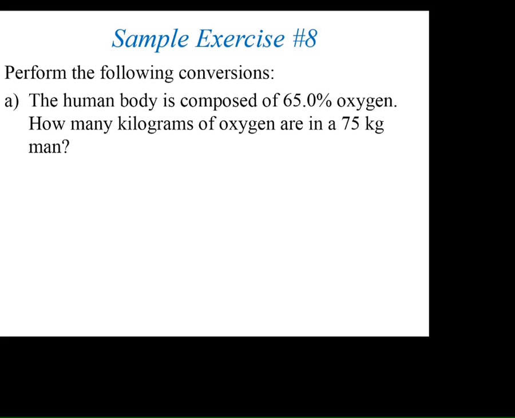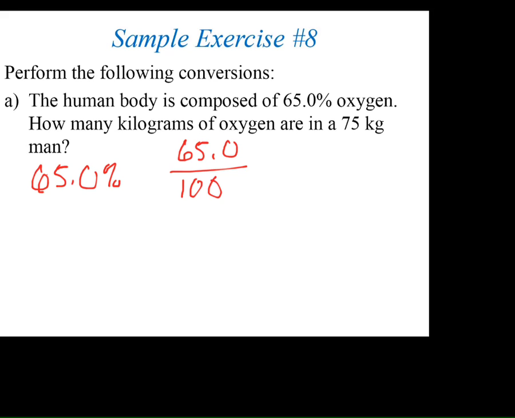Okay, so 65%, let's think about that. 65.0% oxygen. So that's the same as saying what? What kind of a factor could I draw from 65.0%? 65 over 100, or 65.0 over 100, whatever unit I want to use.